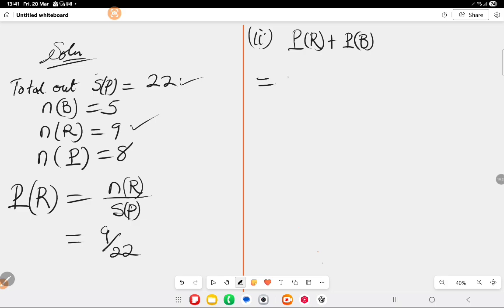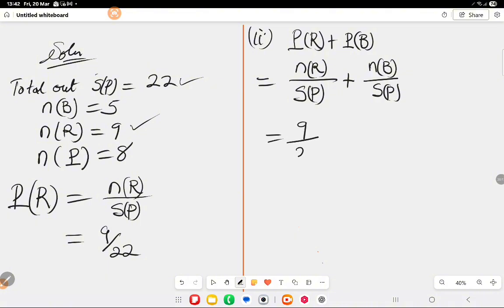The probability of red is the number of red all over the sample space, plus the probability of blue is the number of blue all over the sample space. The number of red is 9 all over 22, the sample space, plus the number of blue is 5 all over the sample space, 22.